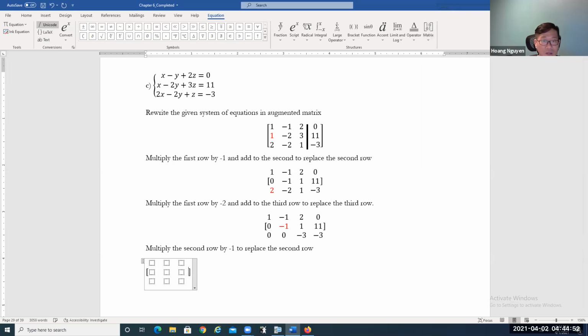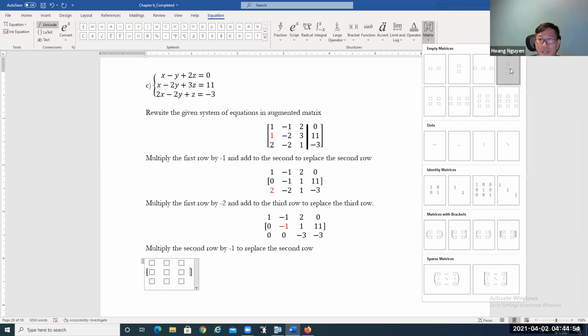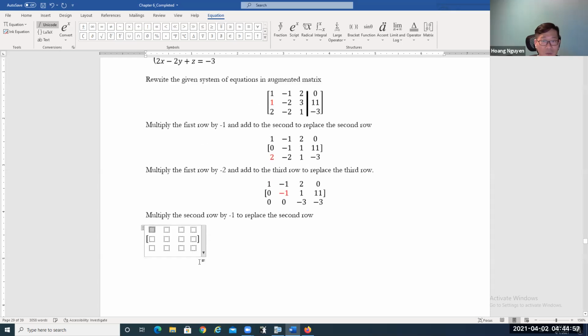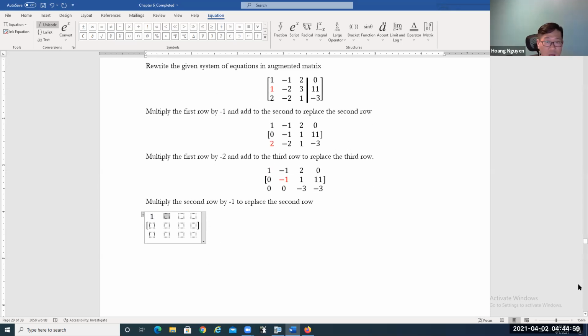Okay, let's keep going. Make sure that we don't make any typos or errors. The first row will be copied: 1, -1, 2, and 0.